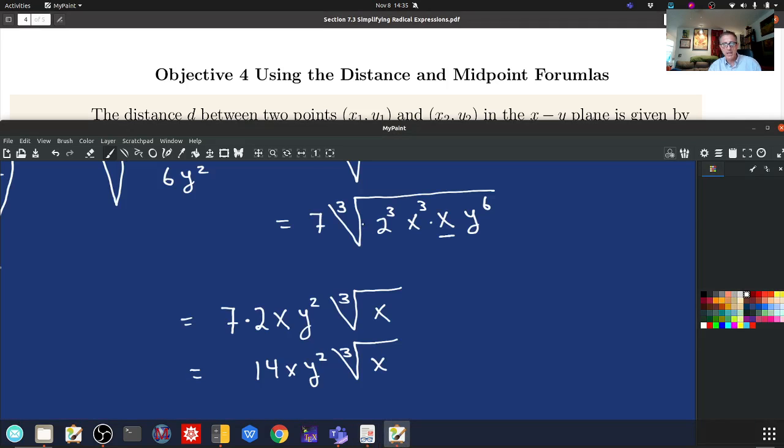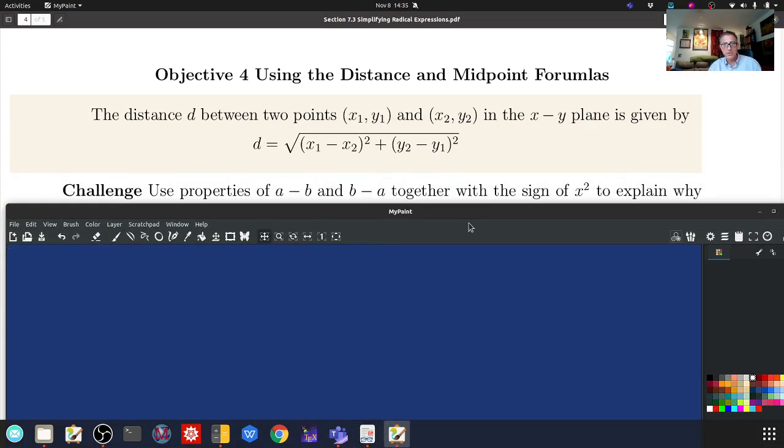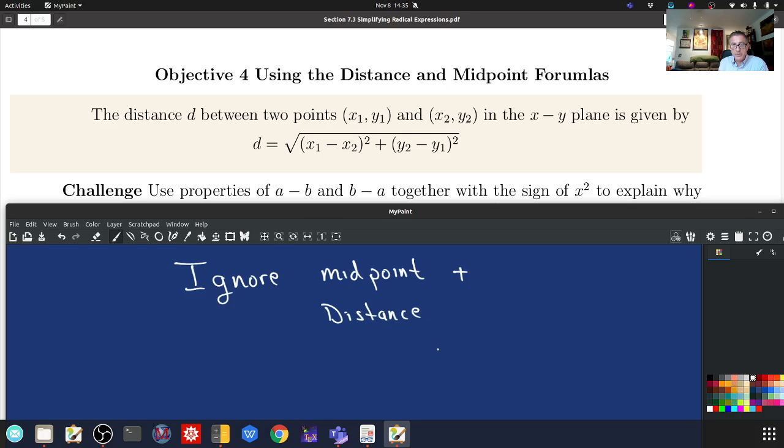And I'll write a little note here just in case you're going through fast forward. I'm just going to say ignore midpoint, and I've changed your homework to not include midpoint or distance problems. Okay, that's it for 7.3.